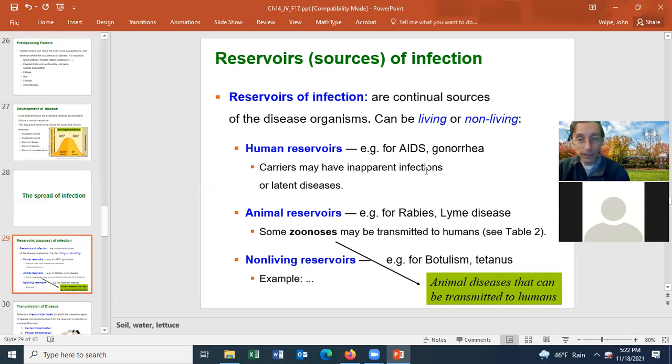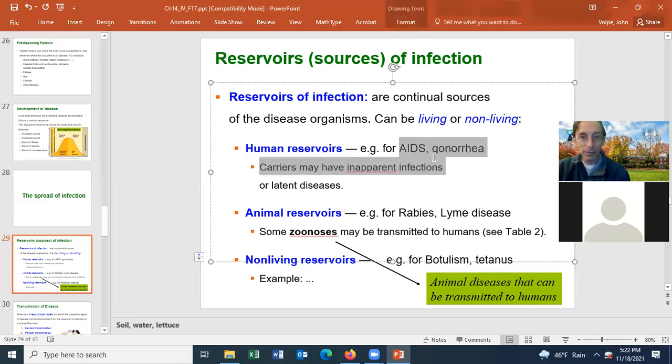Although you could always argue that the first human case got HIV from probably a chimp, and so it's possible. But generally speaking, for these two diseases, humans are the only reservoirs.